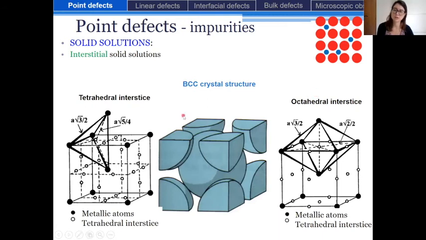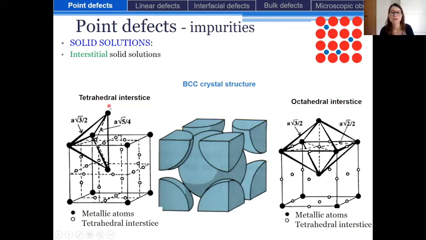Now, if we consider the BCC crystal structure that is formed by one atom at each corner of this unit cell and one atom at the center of this cube, we also find tetrahedral and octahedral interstices.